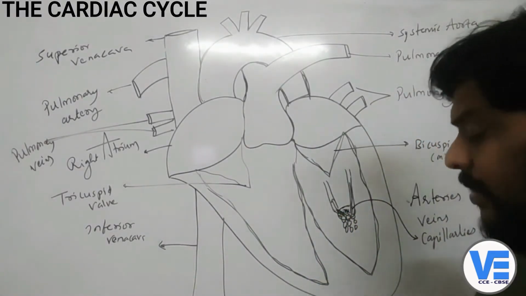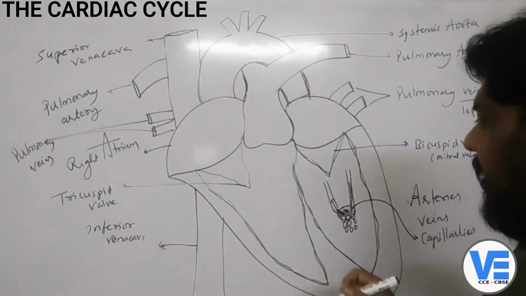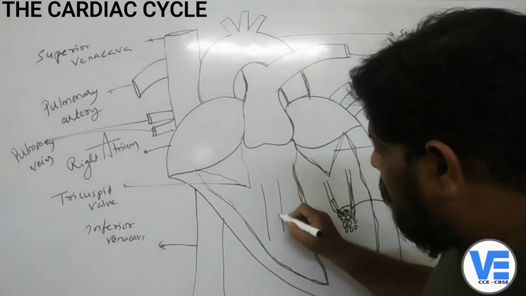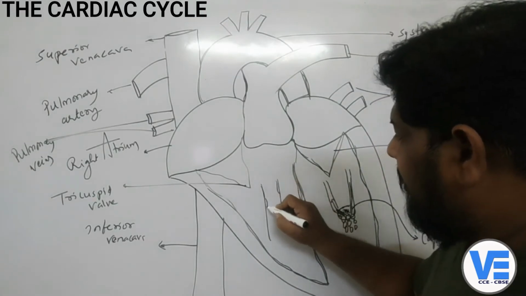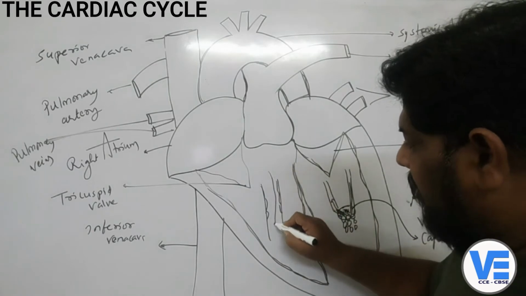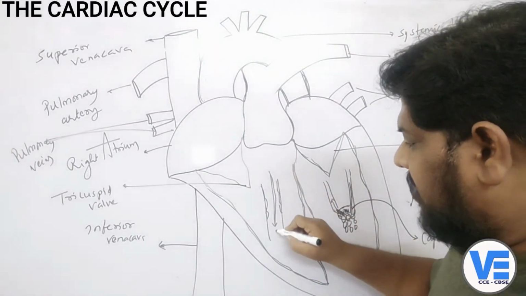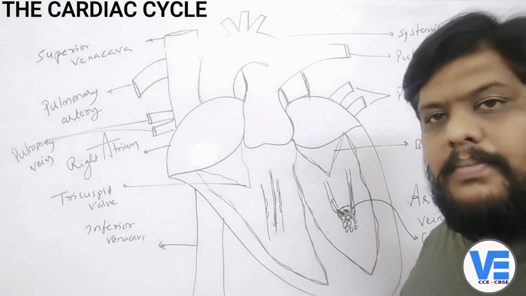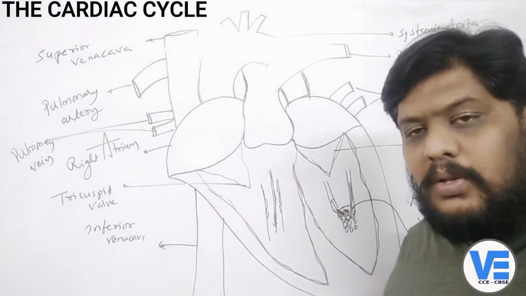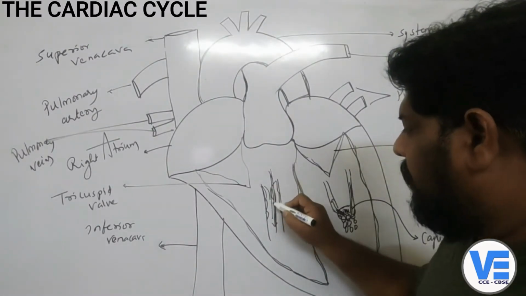One more thing, I just forgot to tell you: arteries also have valves in them. When the blood is pumped through the arteries and comes out like this, there are chances that the blood can go back. No, that will not happen, because these valves automatically close once the blood moves forward.